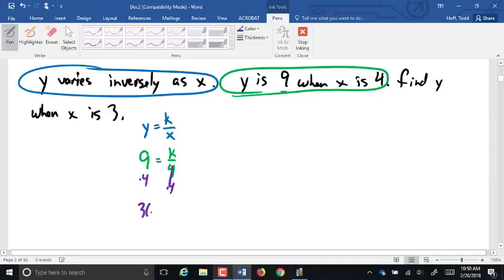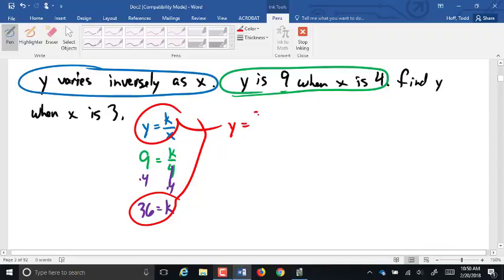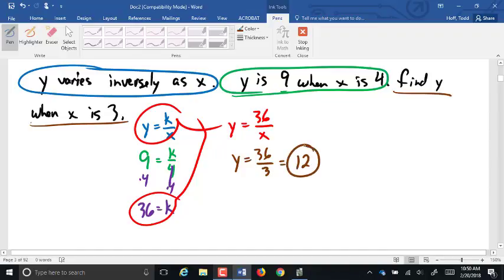So 36 equals k, which means, perfect, y equals 36 over x. And then y equals 36 over 3, which is 12. What do you think? Good so far?